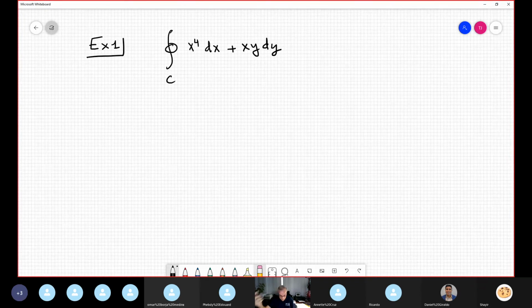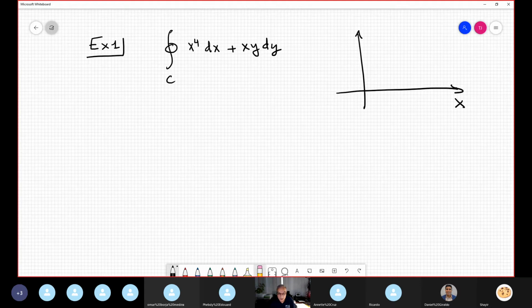So basically we have computed this integral. I need the specification. What is our curve? Our curve is a triangle like that, look. We have the point here 0,0.